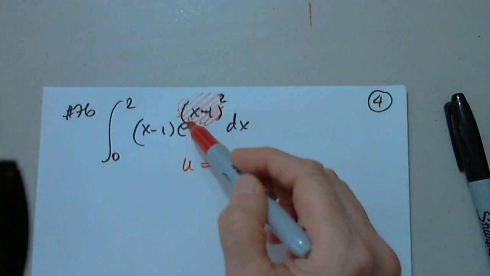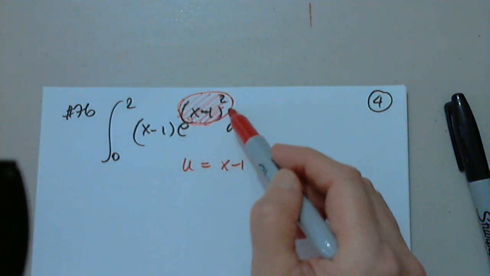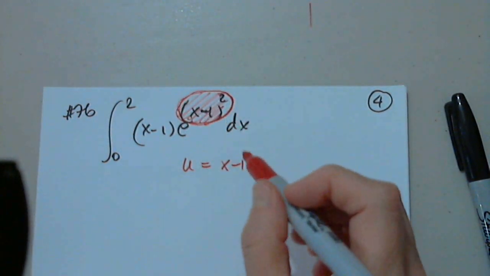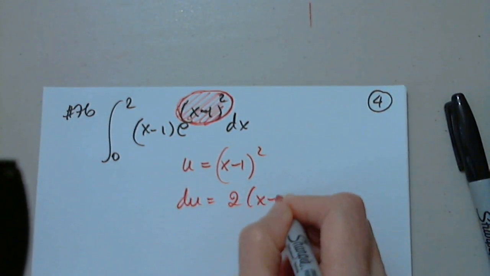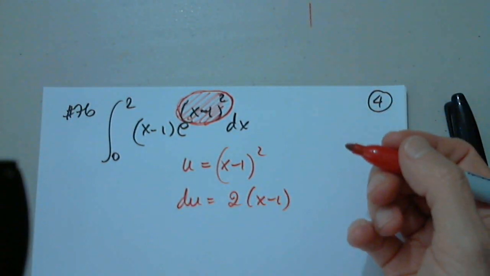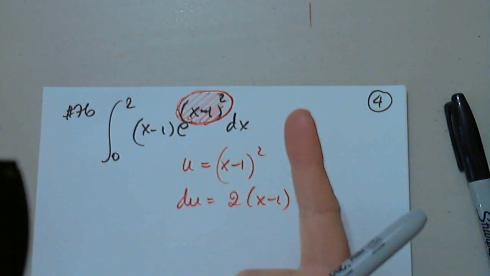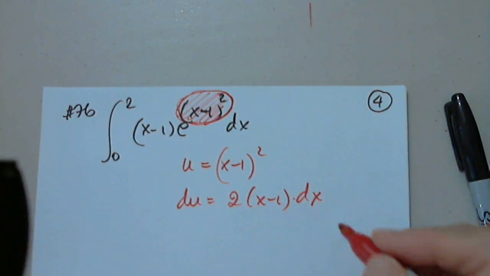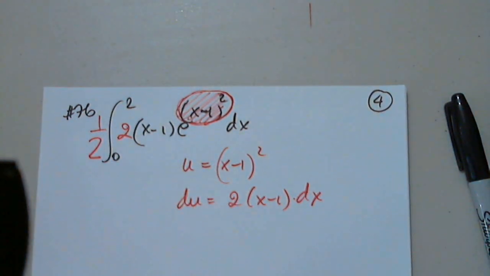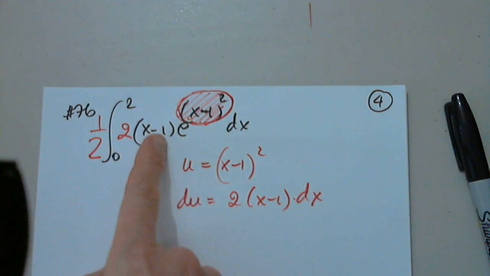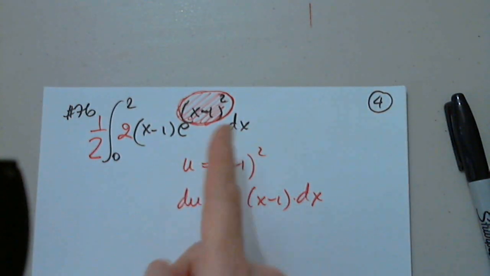No, the problem is the whole thing. It's a function inside a function. So then du will be 2 times x minus 1 to the 2 minus 1 times the inner function prime times dx. And it's right there. The 2, the x minus 1, and the dx.